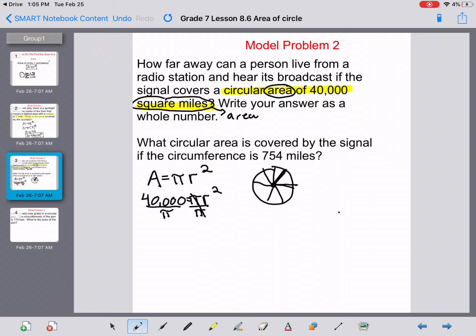That cancels out. I do 40,000 divided by pi, and that equals 12,732.395 equals the radius squared.